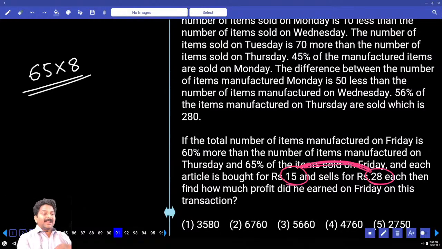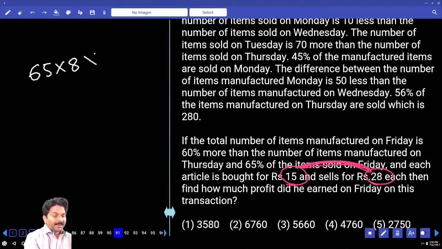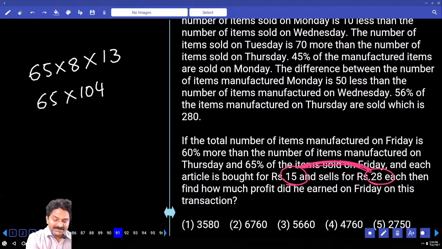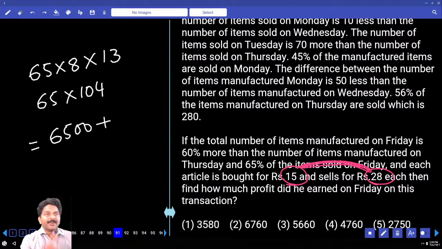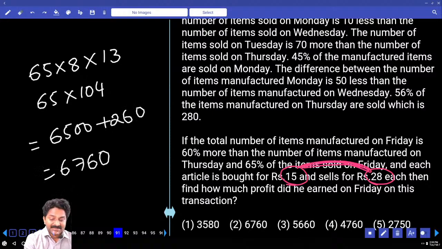For these many articles, profit is into 13 only. 8 13 times. 8 10 times, 8 3 times, 104. Can I write it as 65 into 104? 6500 times, 6500. 65 4 times, double, 260. Total profit 6760.